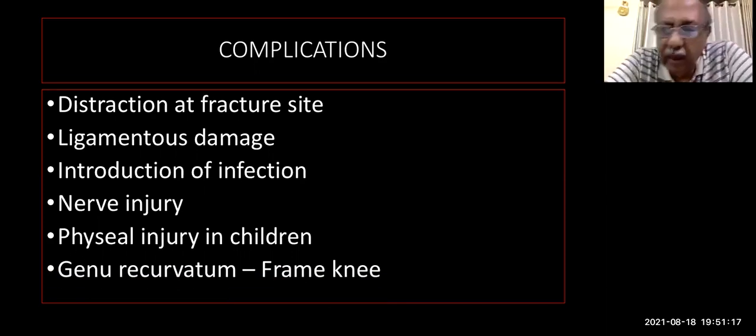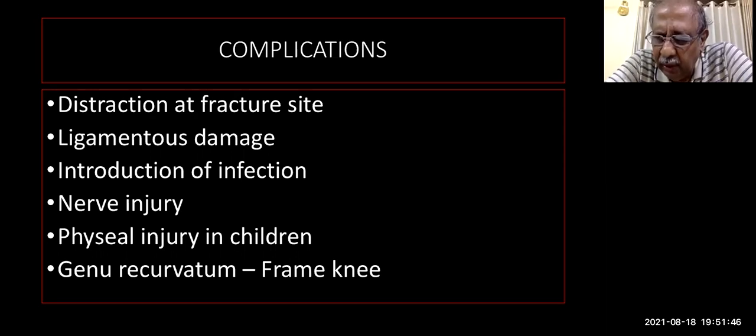Then one complication that can occur is what is called the frame knee. That is the genu recurvatum, because the tibial tuberosity apophysis is important for development, because that is a tongue-shaped apophysis that is coming down. Any damage to this apophysis can lead to genu recurvatum deformity.